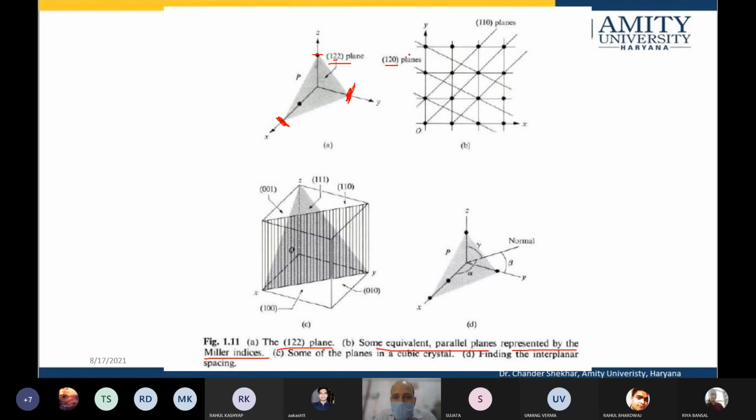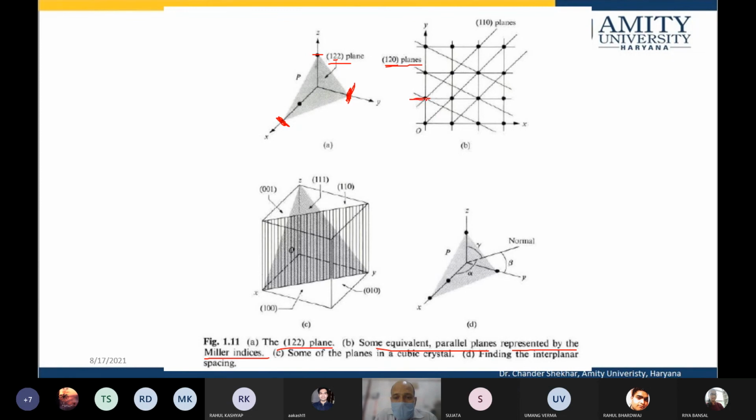So suppose this plane, along the y-axis, the x-axis is 2 times the y-axis.